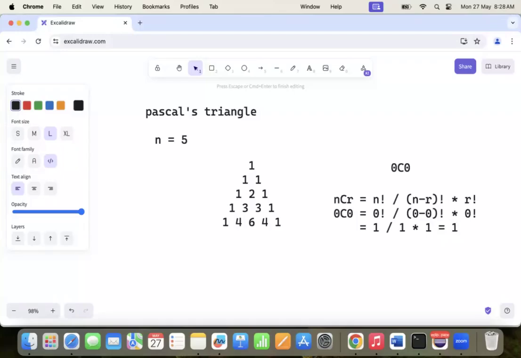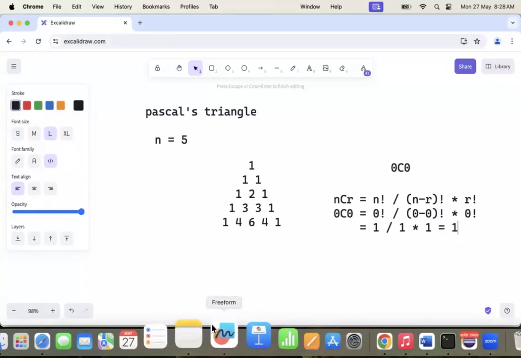So did you get the first value as 1 in the Pascal triangle? Have you digested this statement, folks? Guys, have you digested this statement?